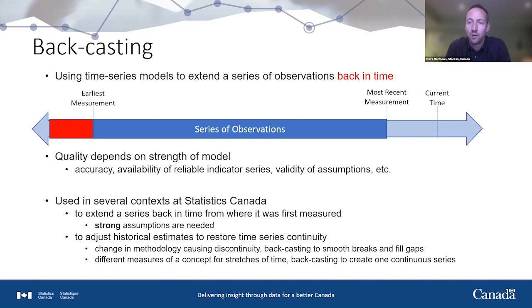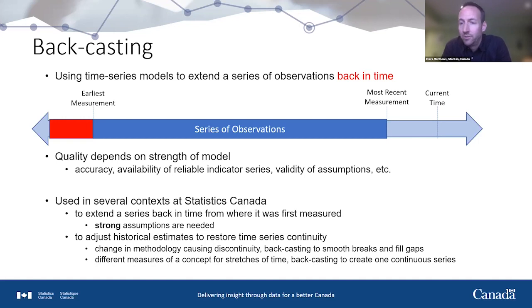So if we change our target population, that's going to lead to a change in the levels, because we're going to bring in a bunch of new units that weren't in scope in the past. So we'd expect to see some kind of a break. In that example, probably an increase in the level of retail sales.